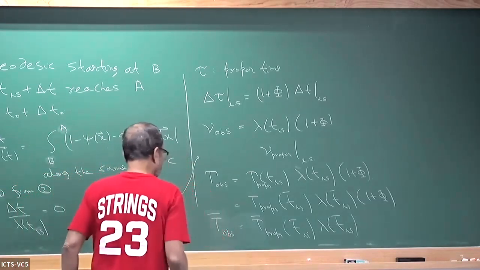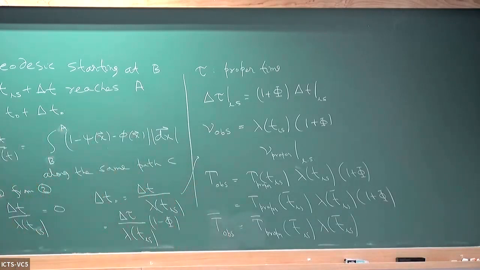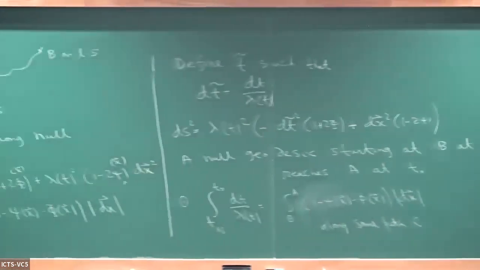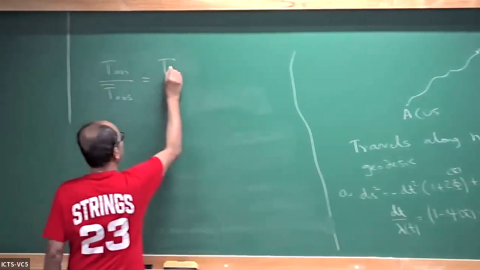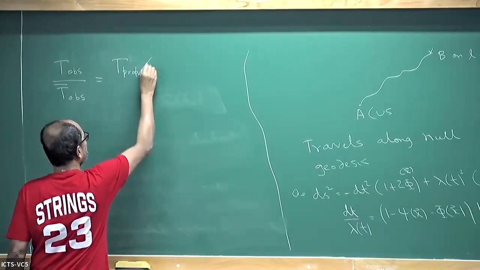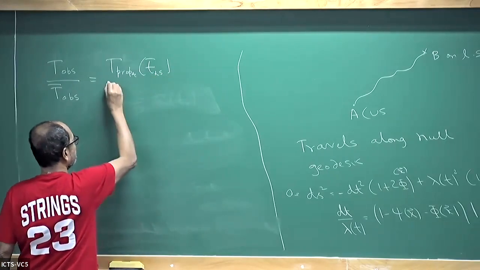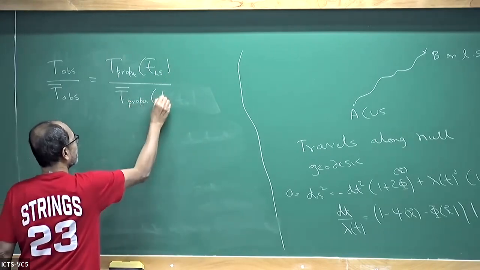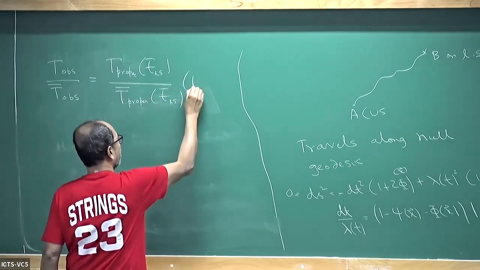So using this, we can now calculate the ratio, the T observed over T bar observed, which is given by T proper at T bar LS over T bar proper at T bar LS times 1 plus phi.